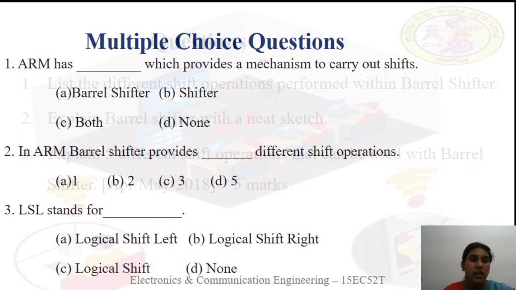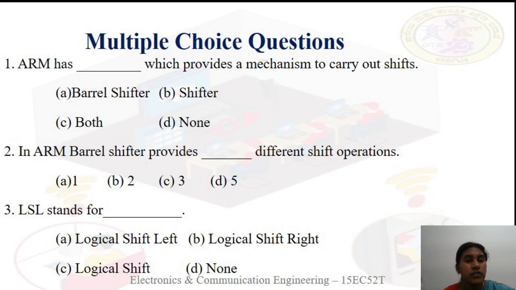Now we will see some multiple choice questions that can be asked from this session. The first question: ARM has a dash which provides a mechanism to carry out shifts. I already told you in the beginning that a microcontroller has shifting operations, but ARM doesn't have shift instructions.